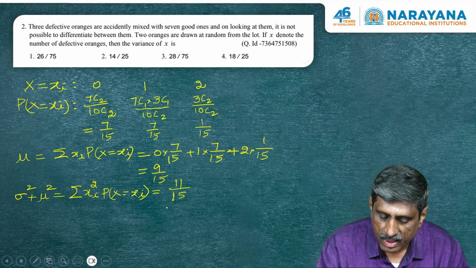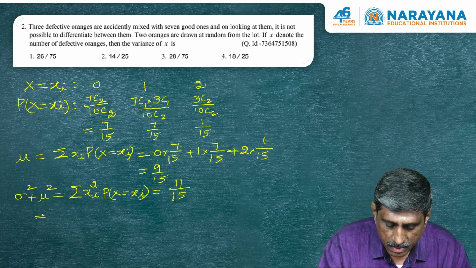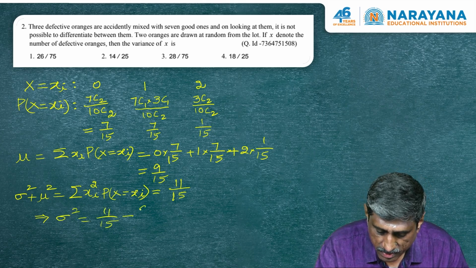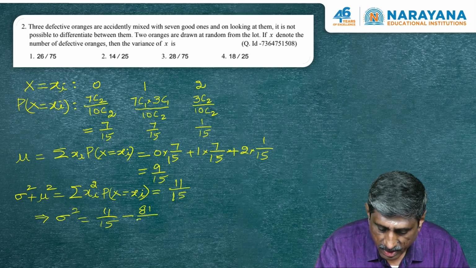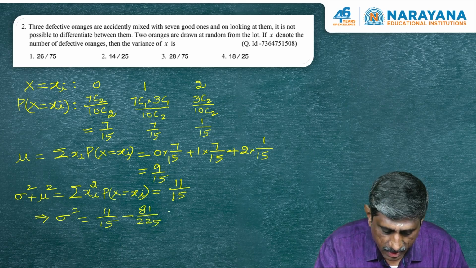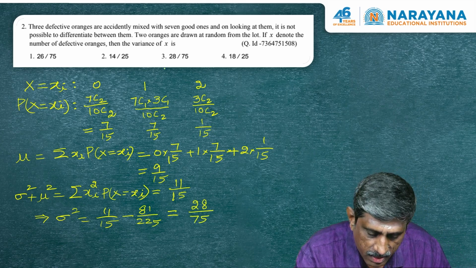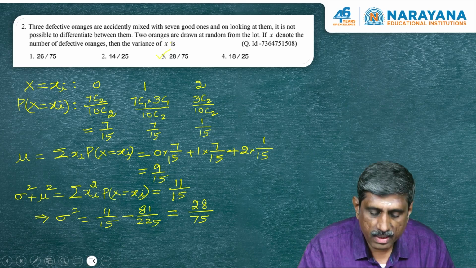We are asked to find only the variance. So, from this we understand that sigma square is equal to 11 by 15 minus mu square, which is 81 divided by 225, and when we simplify, we are getting 28 divided by 75 as the answer for this. 28 divided by 75 is option 3.